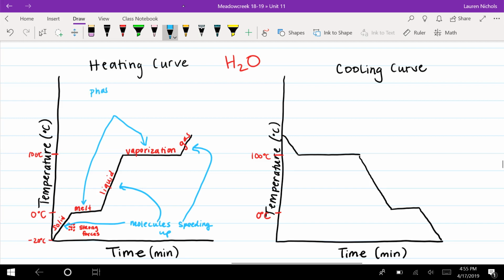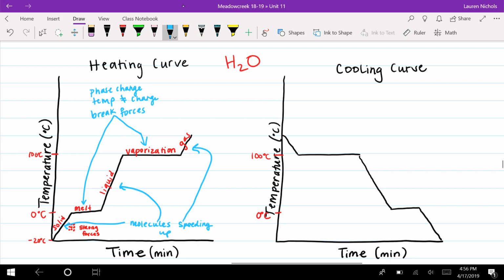So during a phase change, the temperature does not change. And the reason why is because energy, instead of being used to speed up the molecules, which would cause a temperature change, is being used to break the forces.